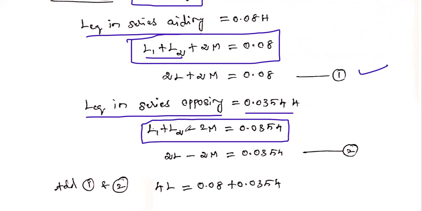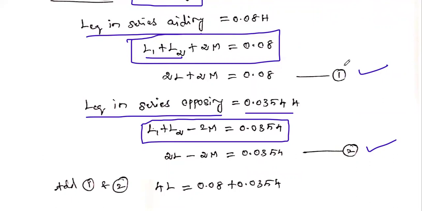So L1 plus L2 minus 2M is given as 0.0354. Since L1 equals L2, L1 plus L2 we may write as 2L. So 2L minus 2M equals 0.0354. This is equation number 2. Now solve equation number 1 and equation number 2, and we may get the L value and M value.